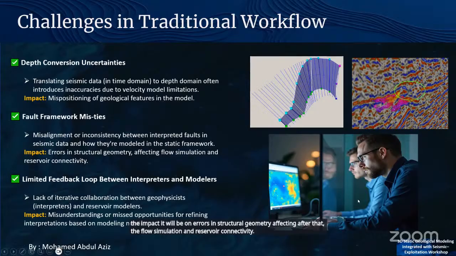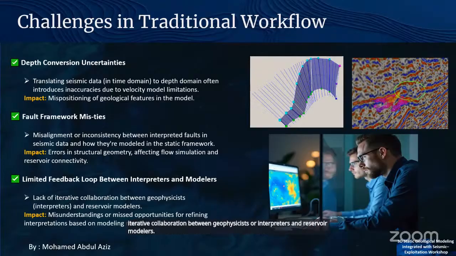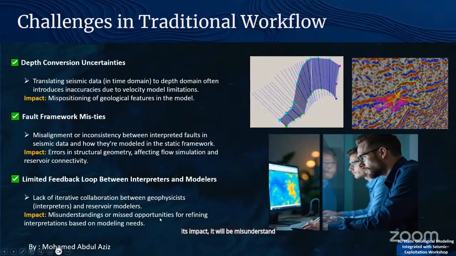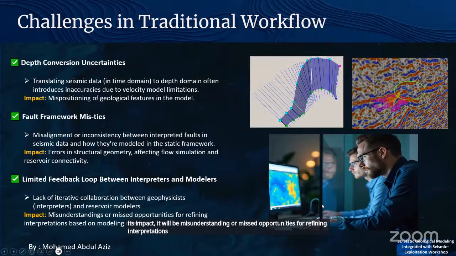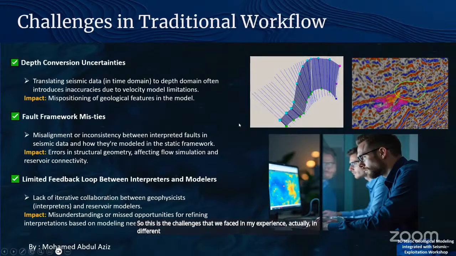And the limited feedback between interpreters and modelers: a lack of iterative collaboration between geophysicists or interpreters and reservoir modelers. Its impact will be misunderstanding or missed opportunities for refining interpretations based on modeling needs. So these are the challenges that I faced in my experience, in different scopes and different projects.